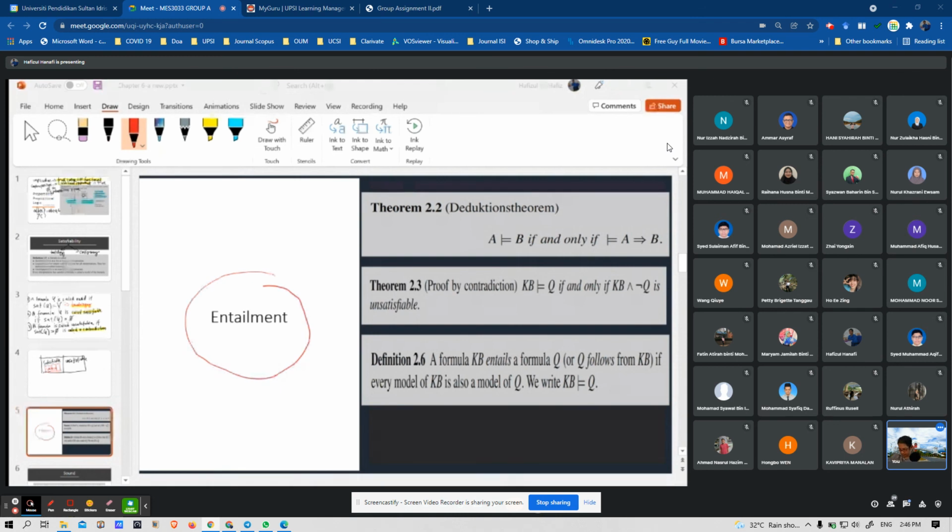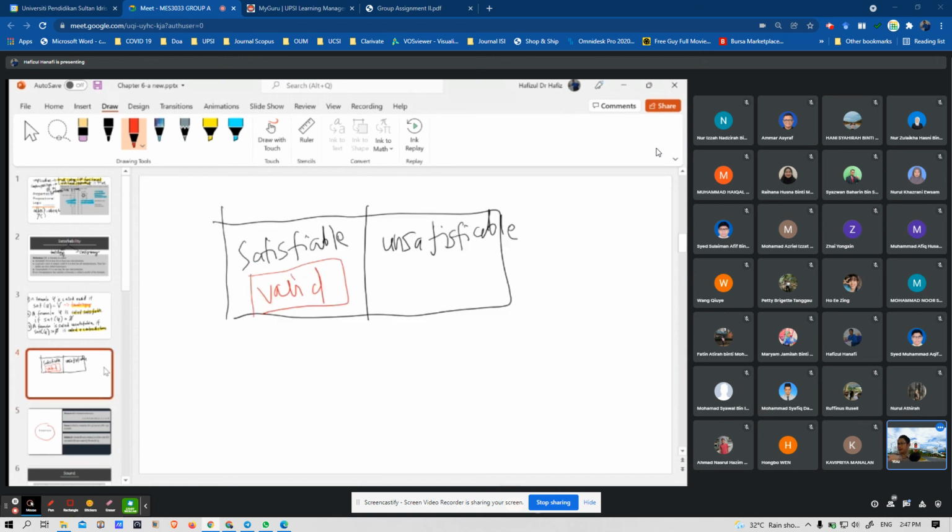For example, for the satisfiable, we can say that x1 and x2 implies x1 or x2.